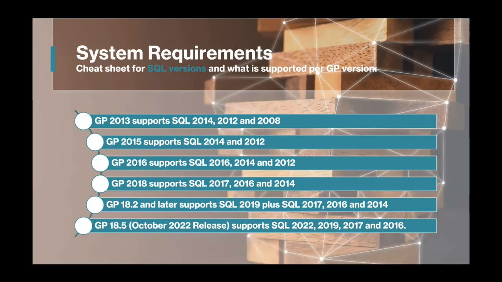We are trying to update our internal listing to make sure our GP customers are on the right, supported SQL version. You'll notice that in 2018, the supported SQL versions available are 2017, 2016, and 2014.